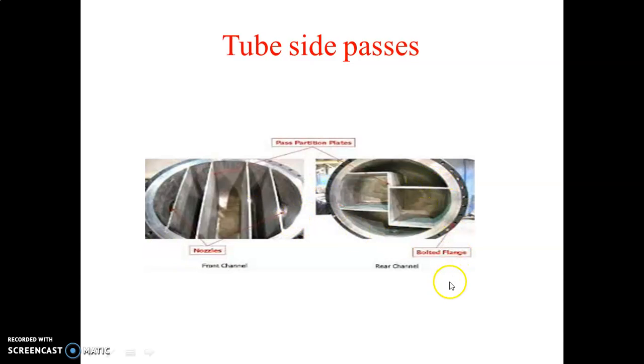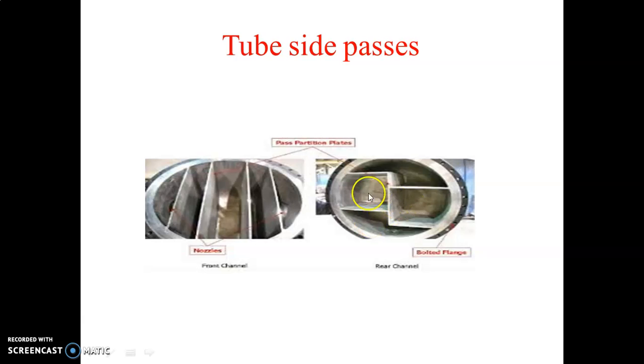If we look here, these are the pass partitions, or just plates, added on the channel. This part is called a channel, that is the end of the heat exchanger. So pass partition plates are added here. 1, 2, 3, 4. So 4 times liquid is passing in the tubes.